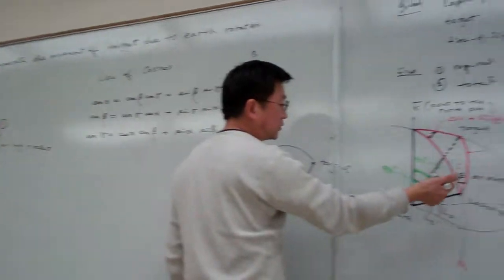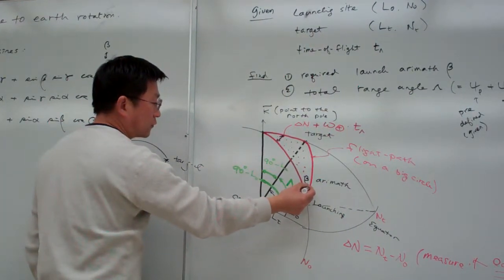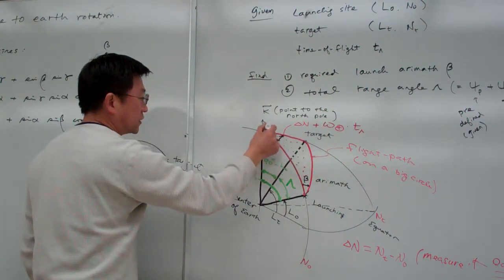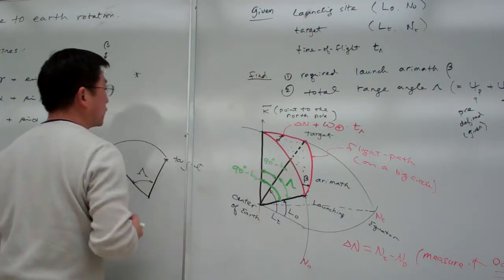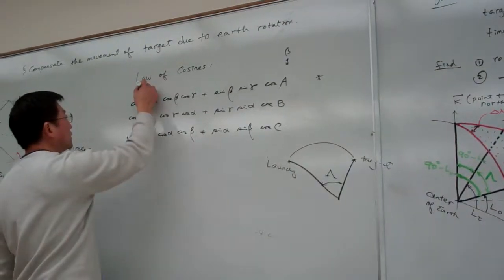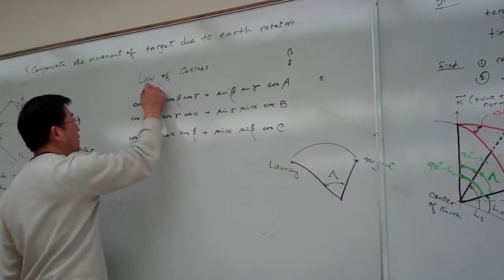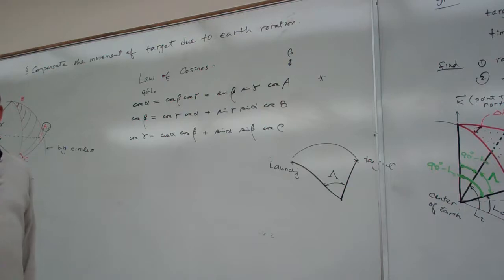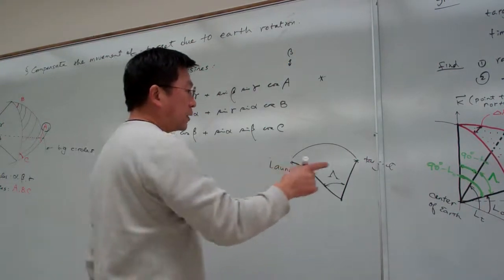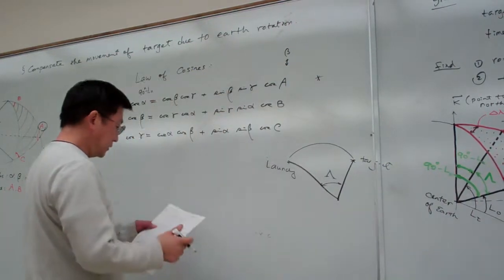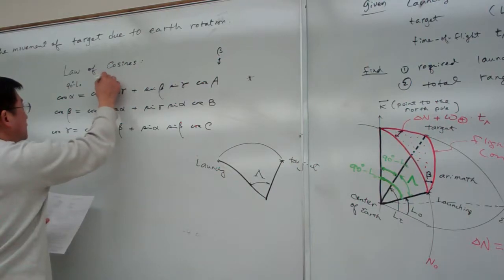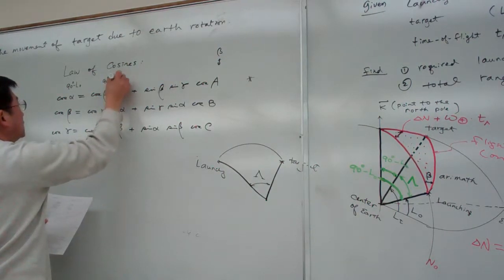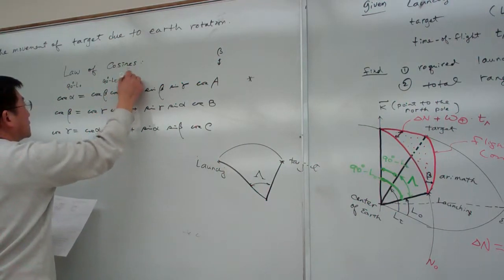So under these situations, this is the beta we're looking for, and it associates with this edge. This edge has the opposite central angle, that is this one. So in this way, alpha equals 90 degrees minus L0. Okay? And in this way, the other two angles are simply 90 degrees minus LT, and this one is lambda.